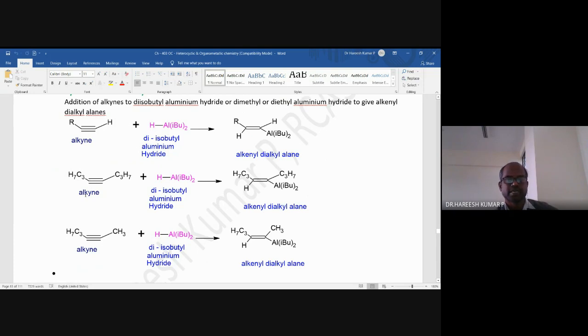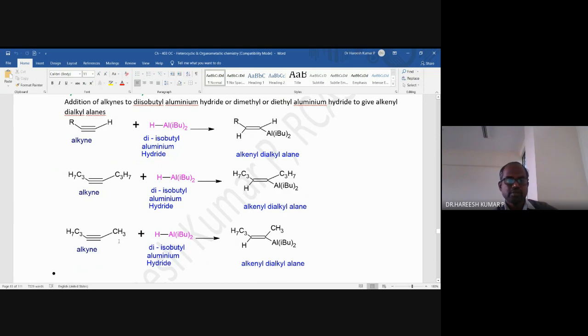The obtained compound is an alkenyl dialkyl alane, which is a general name for this moiety, and here I am not mentioning the specific name.